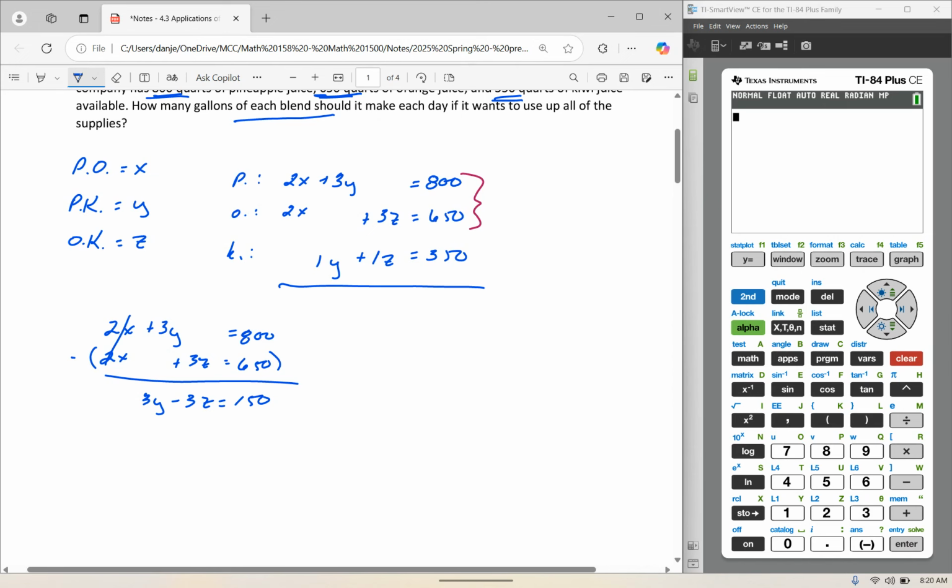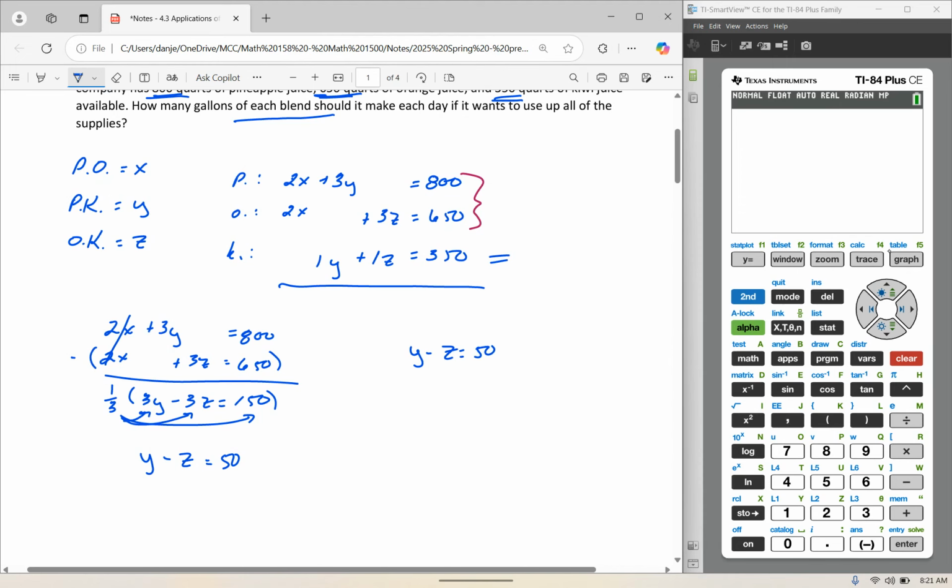Now I would multiply this entire equation by 1/3. So 1/3 of 3y is 1y, 1/3 of 3z is 1z, and 1/3 of 150 is 50. My resultant equation is y minus z equals 50.